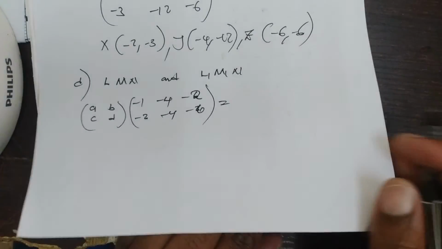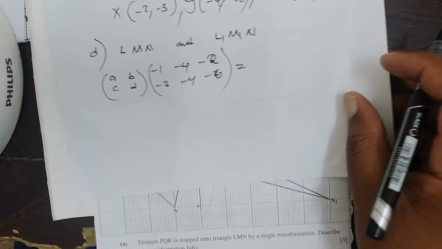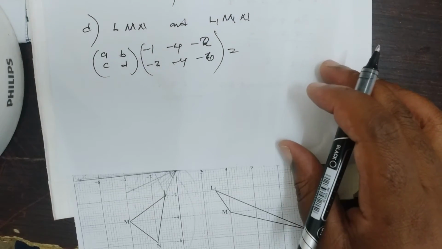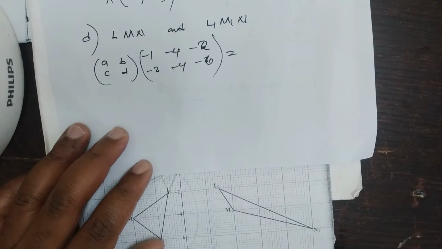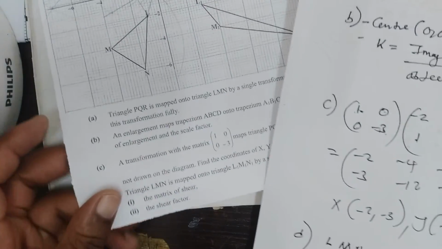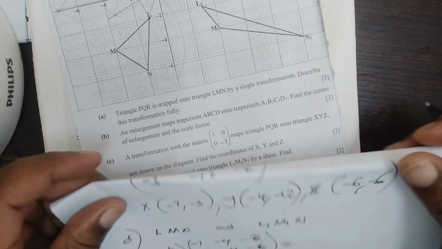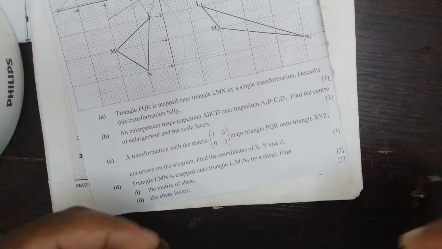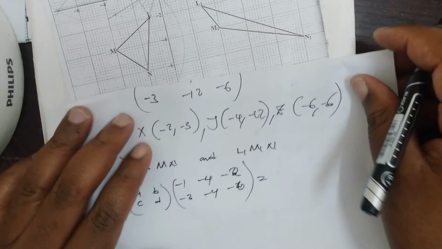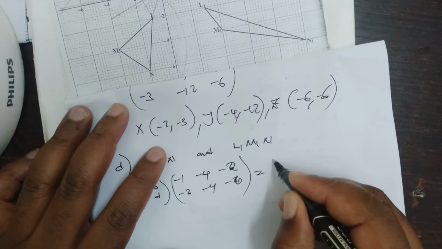How about L1? When we look at L1, okay, let me just write for the paper. When you look at L1, you have 3, negative 2.